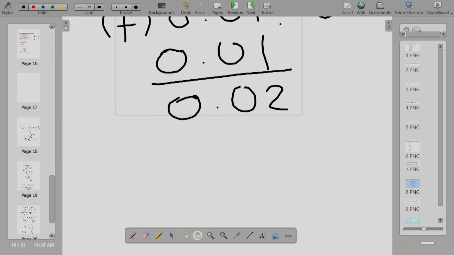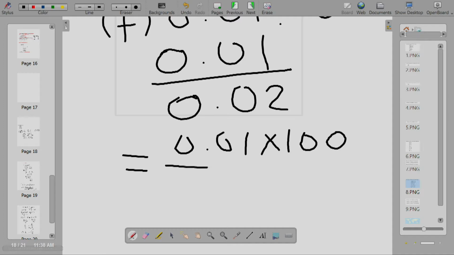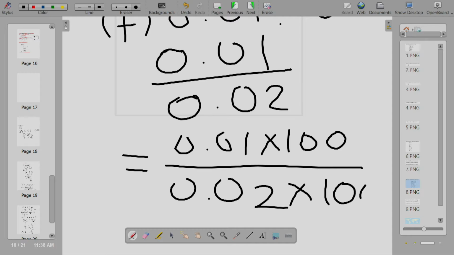Let's multiply the numerator by 100, because after the point there are two digits, and also the denominator by 100. So we will get 0.01 times 100 divided by 0.02 times 100.